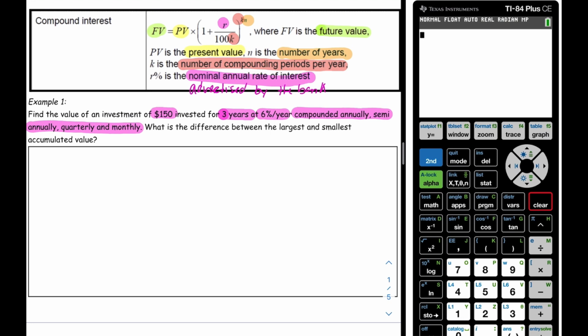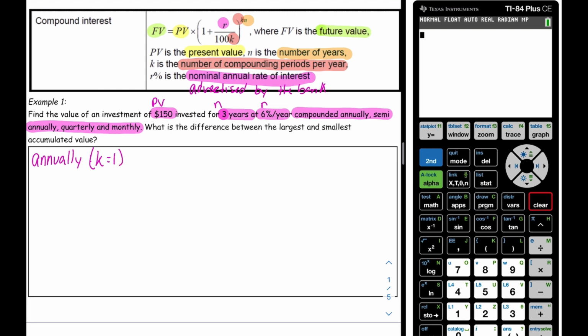So if we start first with annually, we are going to be using our compound interest formula. Our present value, 150. Our value of N, the number of years, is 3. Our rate is 6%. And then our value of K will change depending on our type of situation.